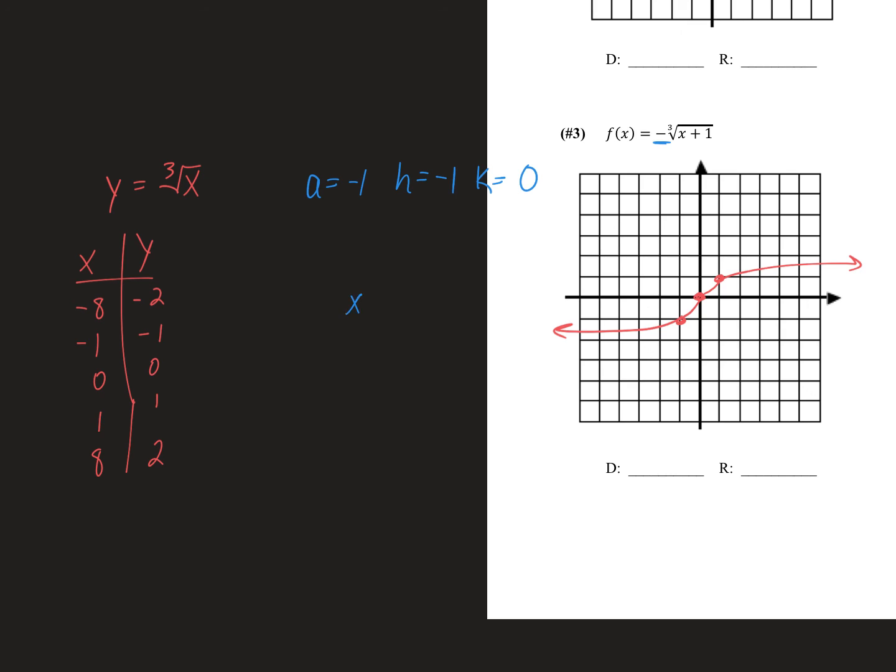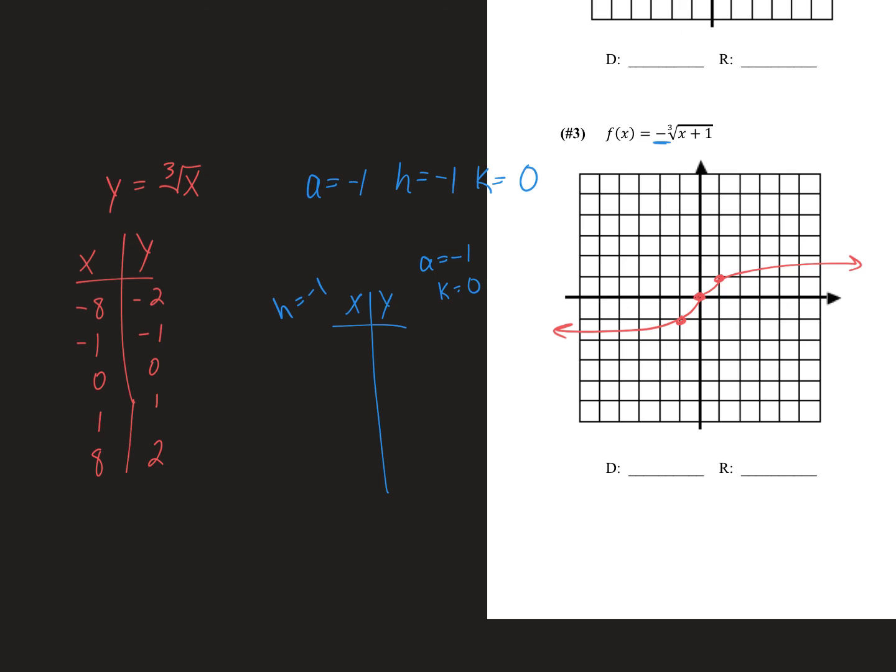For our new XY table, we're going to take the values of the parent XY table and add H to X, and then take our Y, multiply it by A, and then add K.